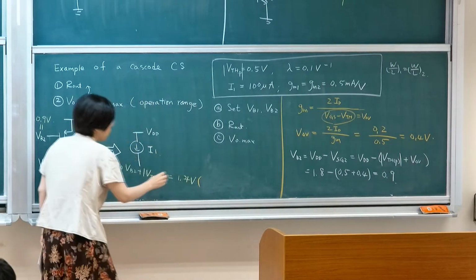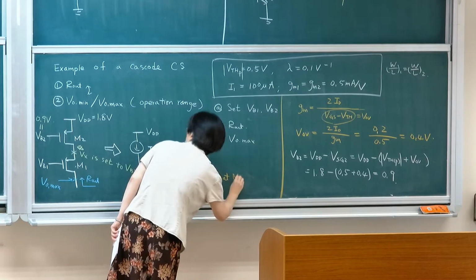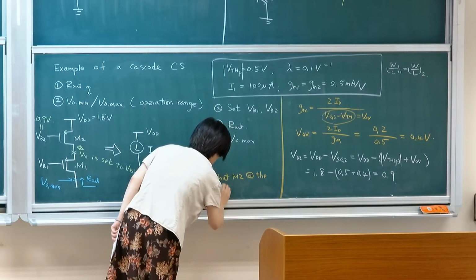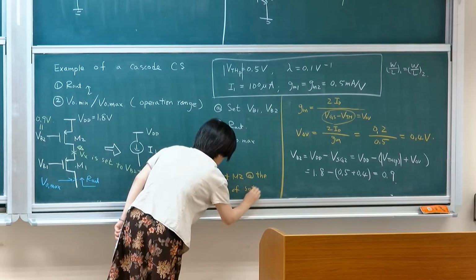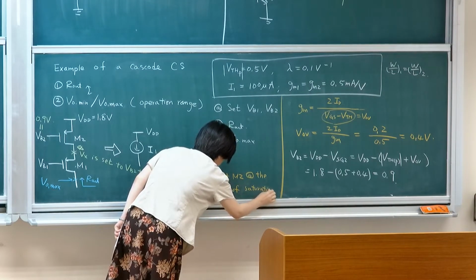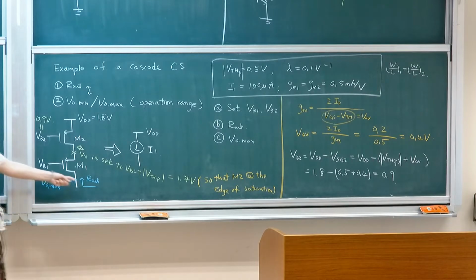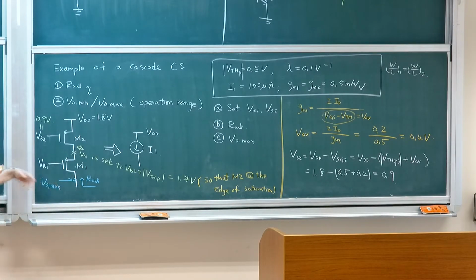You set it to 1.4 so that M2 is at the edge of saturation. So sort of like you want to push it to the boundary so that it will give you more leeway for setting this up. If you set this too low, this voltage will have to go lower. Therefore, this voltage has to go lower. So this is to maximize your operation region.